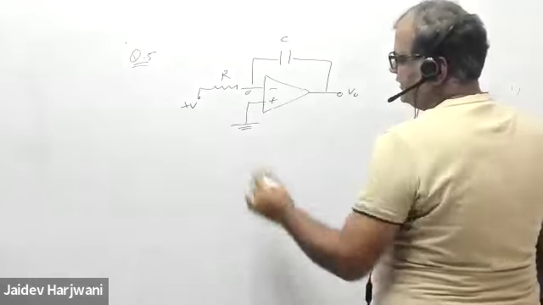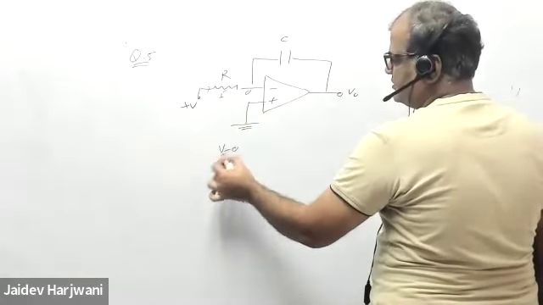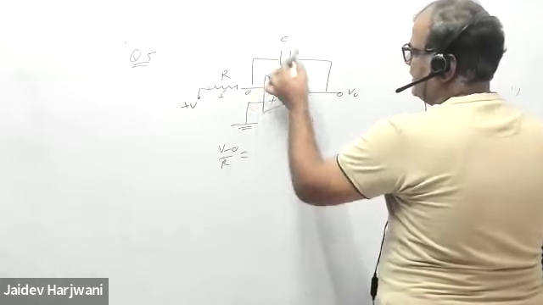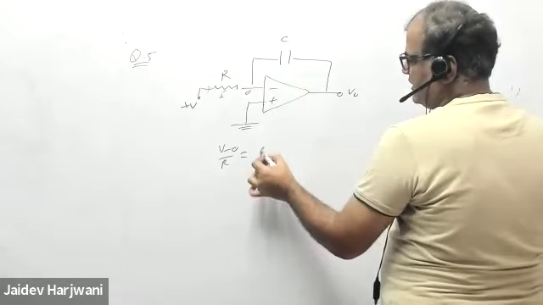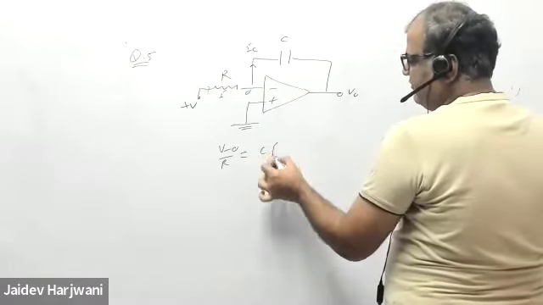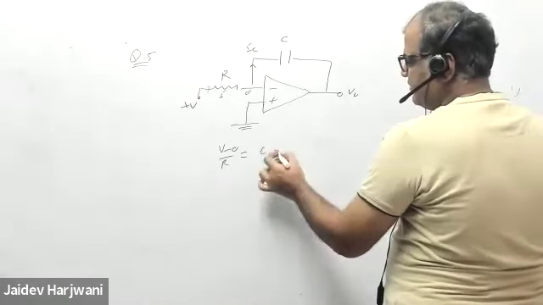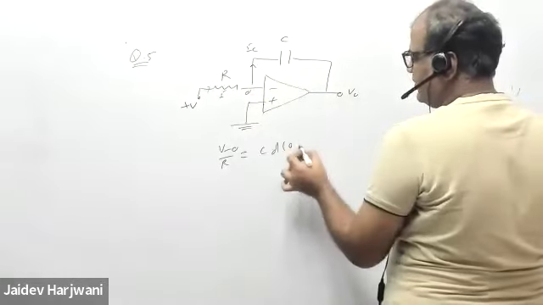So let us write the current equation here. The current equation will be (V minus 0) divided by R. And here, the current is the capacitor current, I equals C dV by dt. The difference here is from 0 to V naught.